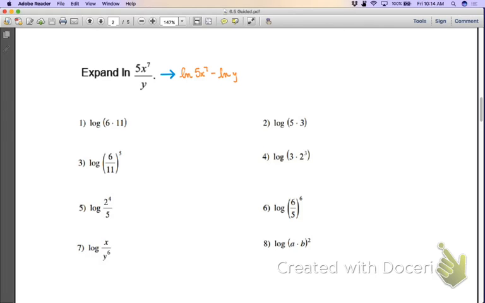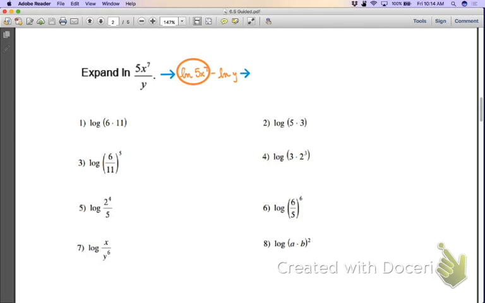Now I want to look at each individual part. Once I get everything on the same level as far as positive and negative, I look at each part individually. With the natural log of 5x to the 7th, is there anything I need to break up? Is there anything still getting multiplied or divided in that part? Not the 7, but the 5 and the x to the 7th.